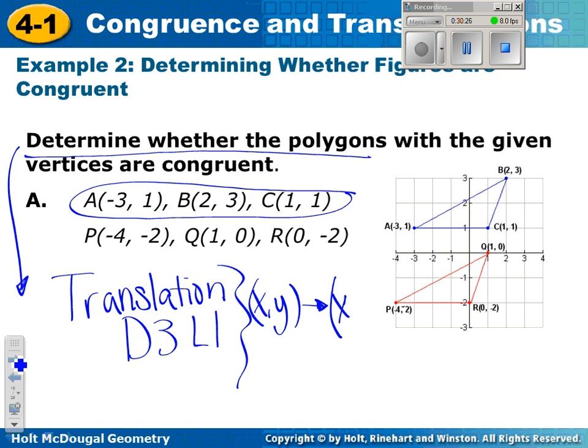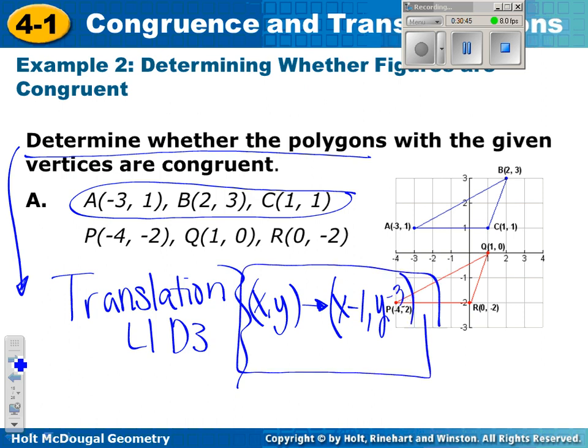So down is going to be my Y values, up and down. It might be better if I write it in that order so it doesn't confuse you. Left 1, down 3. So it's going to be what, Aaliyah? Very good. So be able to write me a rule, also be able to describe it.